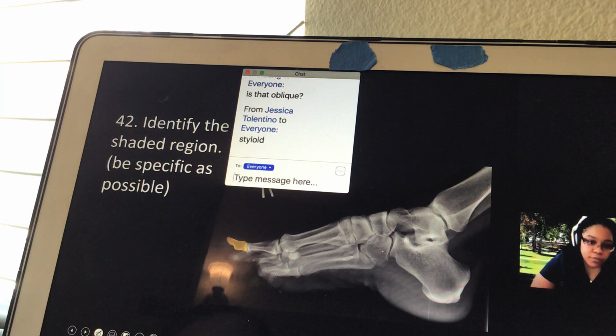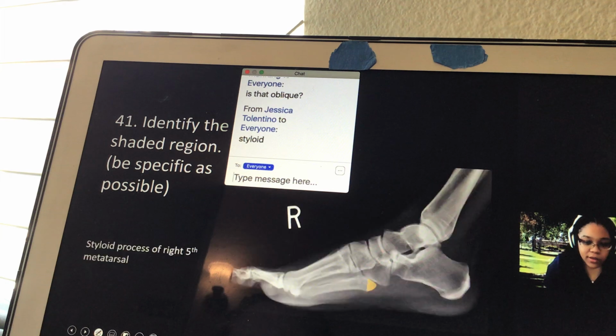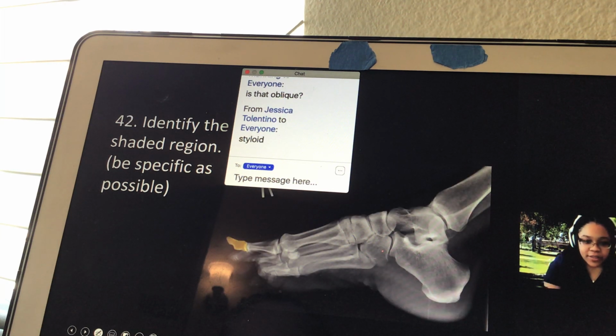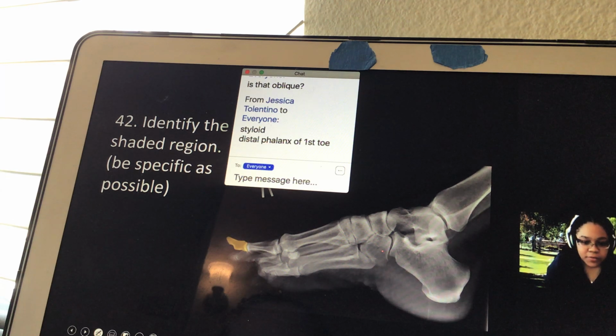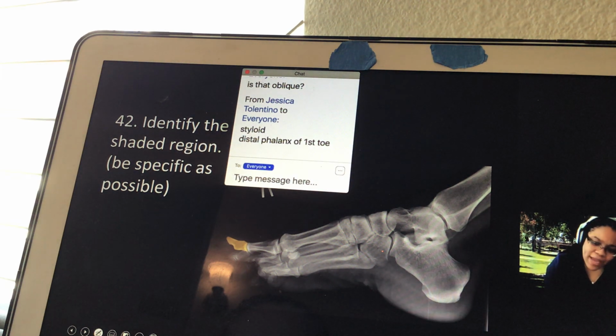Second distal. It's this structure here. This view is our lateral foot, and then this view here is our oblique view. Oh no, it's not really a true oblique. I think this is just a bad lateral view.